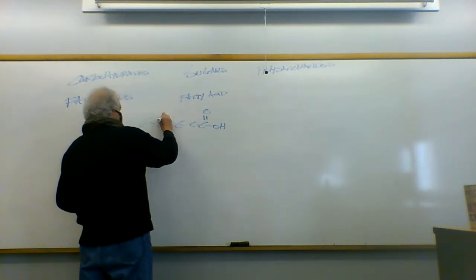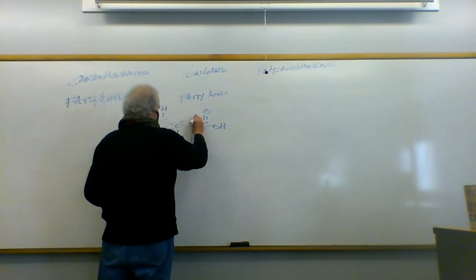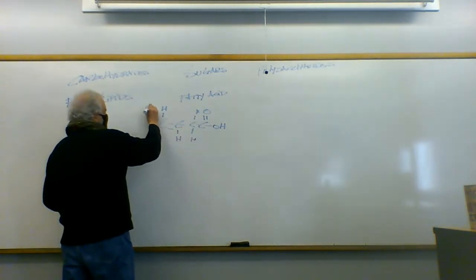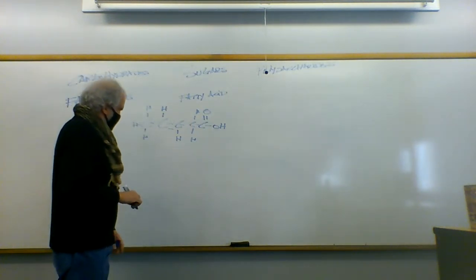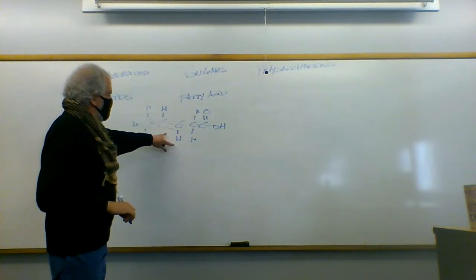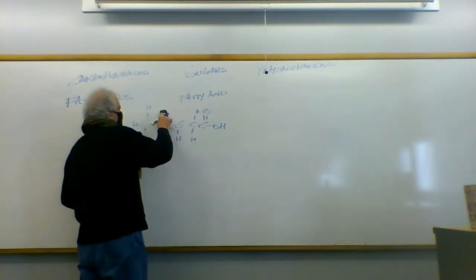And so we can have a trans fat in which we've got, kind of a small fatty acid, but regardless, you have the hydrogens on opposite sides, and these are not typically naturally occurring.